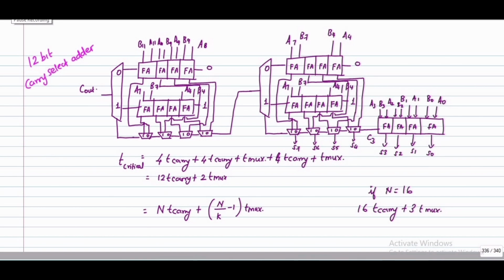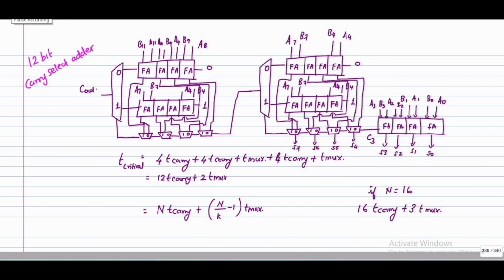If you see the critical path delay, 4T carry is the delay for the first 4 full adders on the right hand side, and for the second block you have 4T carry plus a mux, and for the third block also you have 4T carry plus T mux, that is these ones.